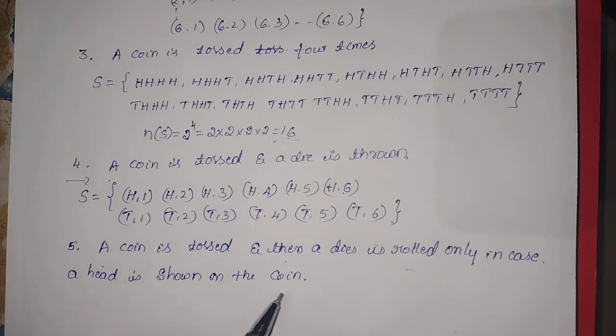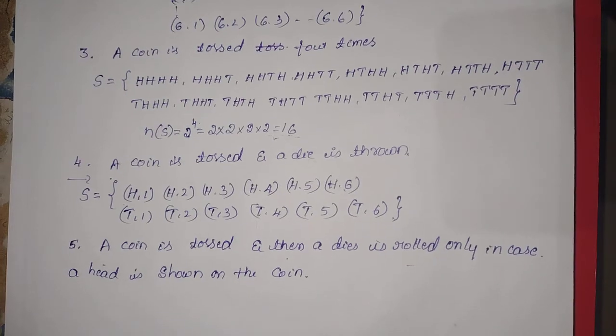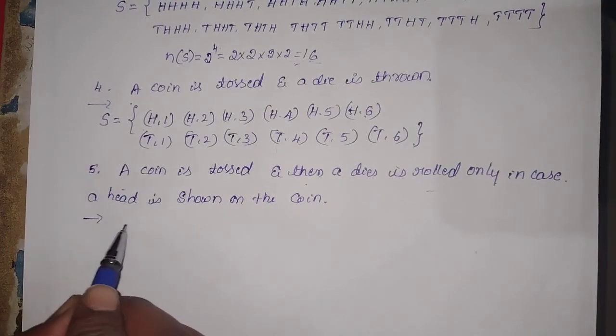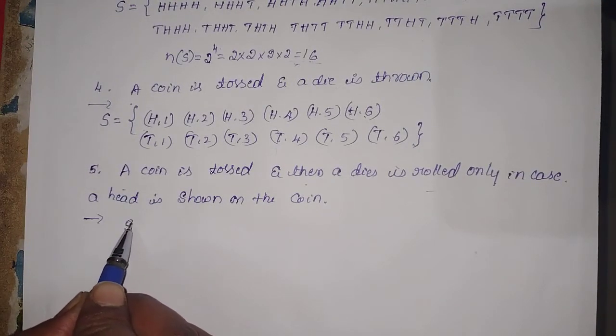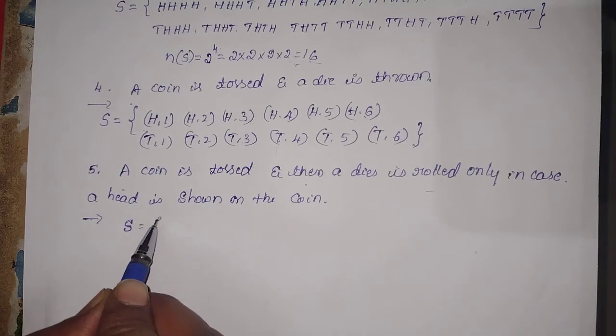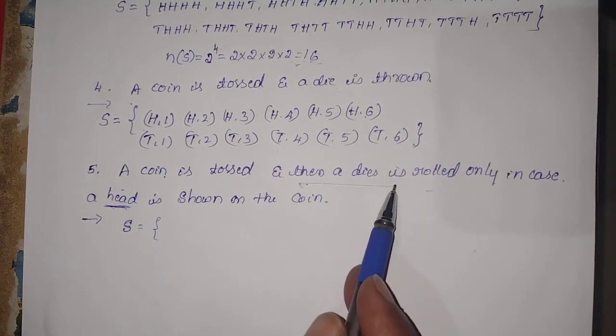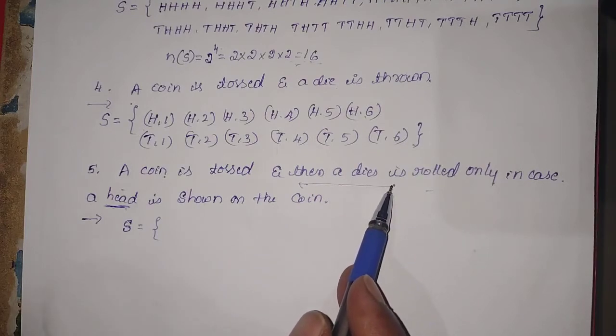Then what are the possibilities of outcomes, or describe the sample space? The solution is like this. I think all of you understood how to write the solution. Is it right? Coin shows head and die shows all the results.